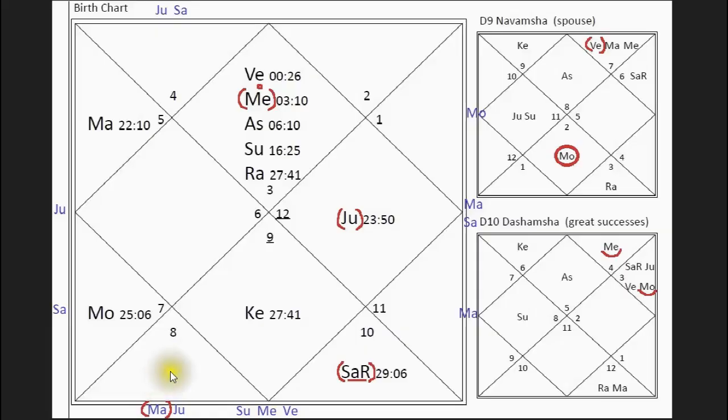So the takeaway from this then is that the sixth is a strong house by virtue of being aspected by its owner Mars, and for bonus points, it's aspected by a benefic as well too. But the key thing is the sixth is aspected by its lord Mars.